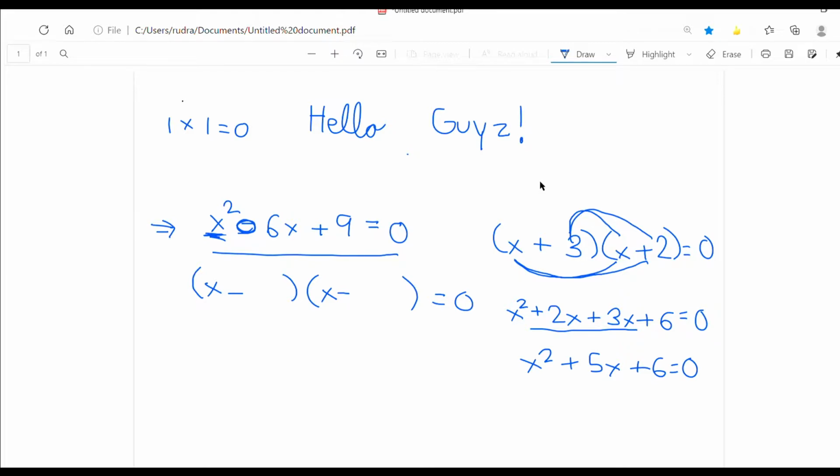Now for negative, you can see that we have two x's and two negative signs. Now we are gonna need to take the factors of this number. The factors of 9 are three factors: 1, 3, and 9. Now 1 times 9 and 3 times 3.